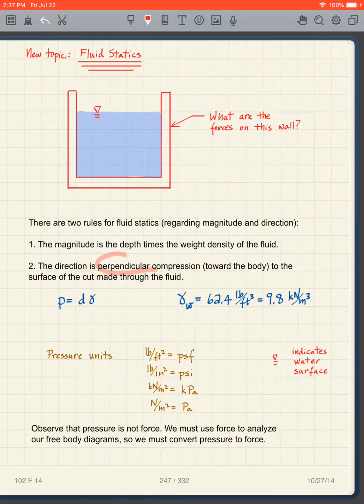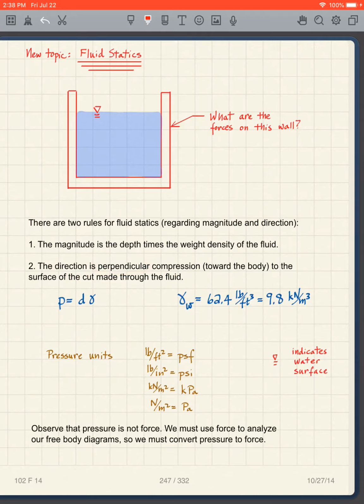So we are going to make cuts through this fluid, and we will look at free body diagrams, and we have to make sure that the direction we put for the pressure is perpendicular to that surface.